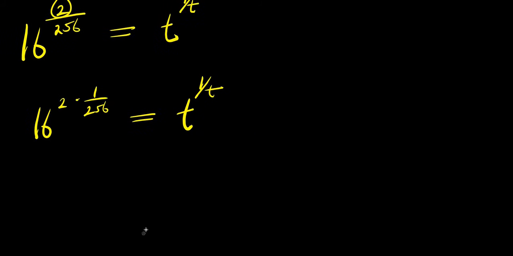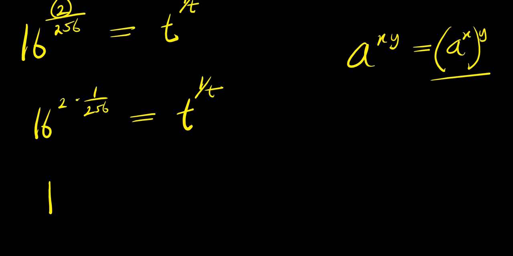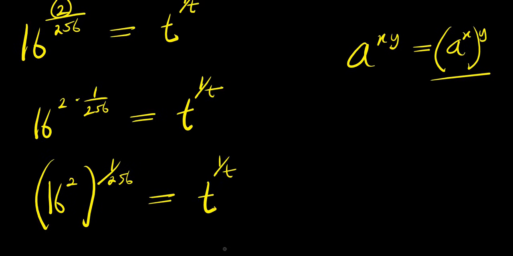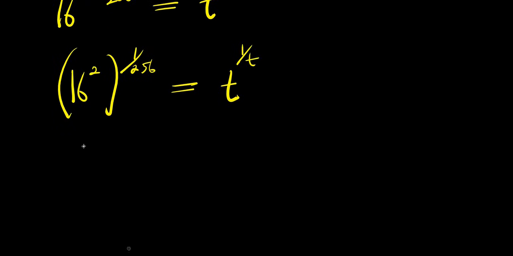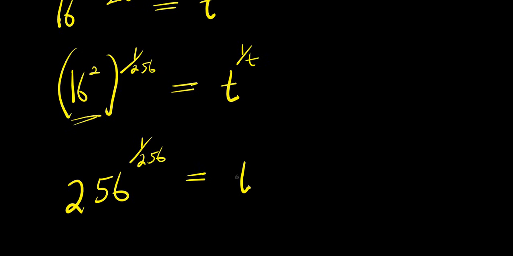We use the same identity again: a power x times y equals a power x to the power of y. So this will give us 16 power 2 raised to the power of 1 over 256, and this equals t power 1 over t. Now 16 to the power of 2 is 16 times 16, so we have 256 raised to the power of 1 over 256, and this equals t power 1 over t.